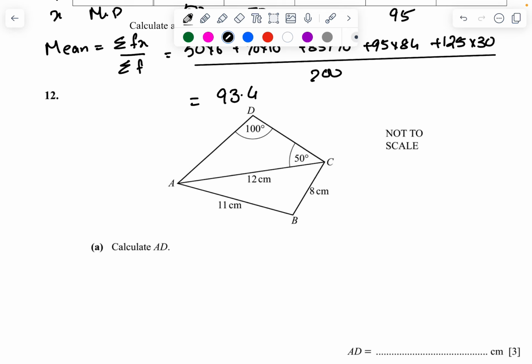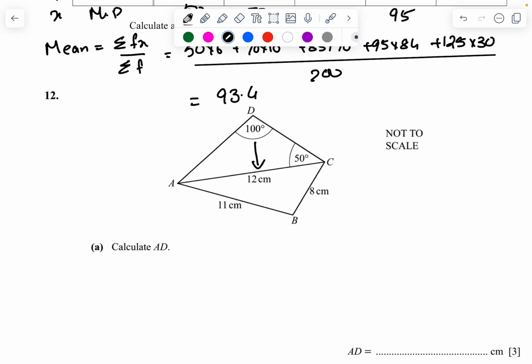For using the sine rule, do we know a matching pair? What is the meaning of a matching pair? An angle and an opposite side. So this is called a matching pair. Yes, we know the matching pair, so I can use the sine rule.